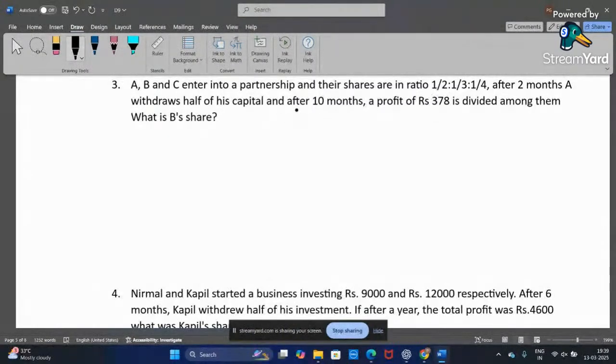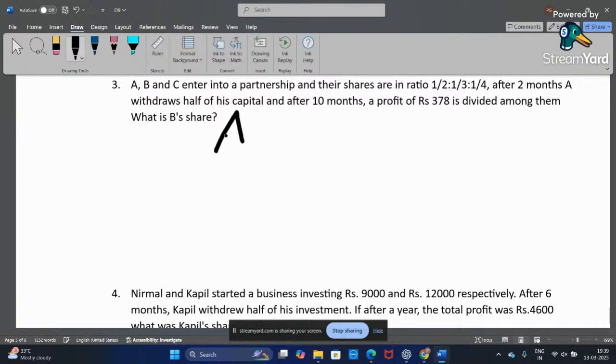Here, they're not completing the full 1 year. They have mentioned it is only 10 months, and after 10 months they're earning a profit of rupees 378. This should be divided among them. In that, we need to find B's share. Let us write it out.